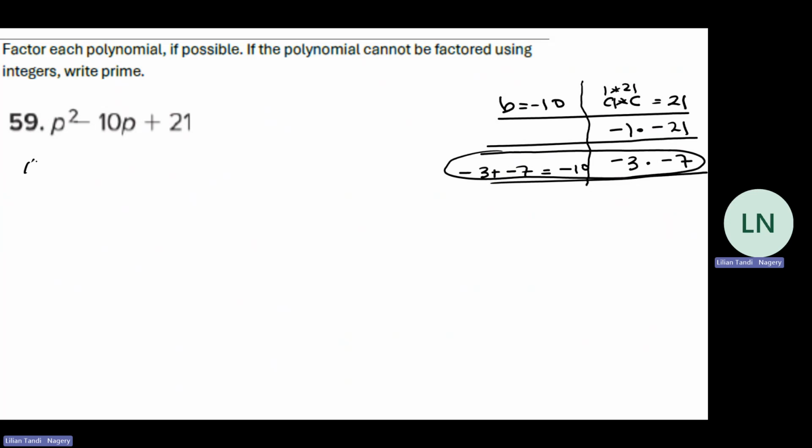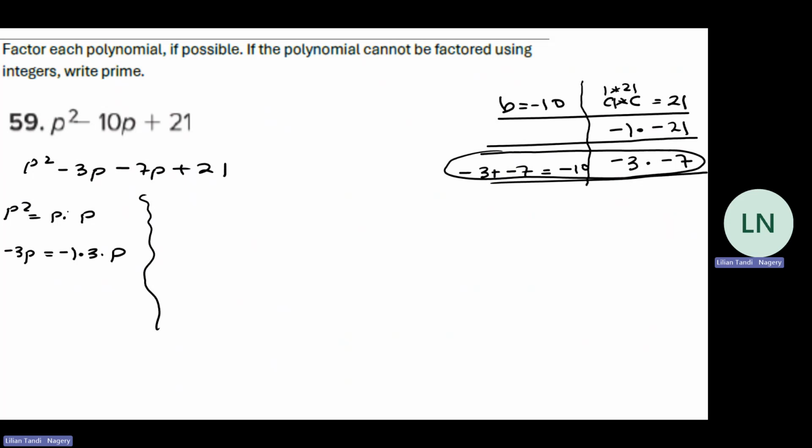So we're right here: p squared minus 3p minus 7p plus 21. P squared becomes p times p. Negative 3p becomes negative 1 times 3 times p. Greatest common factor is p.